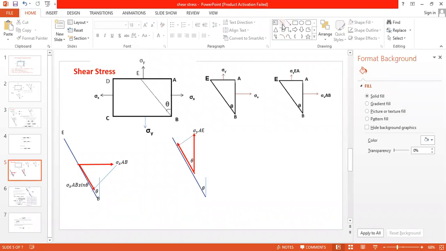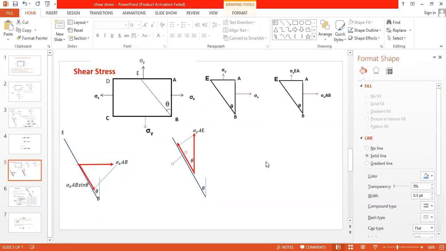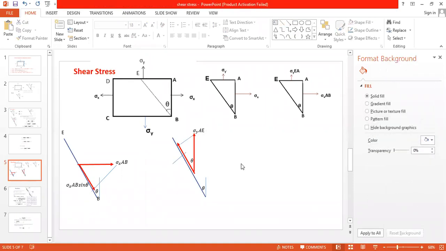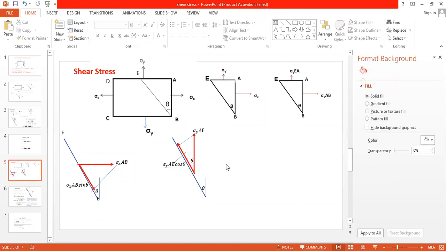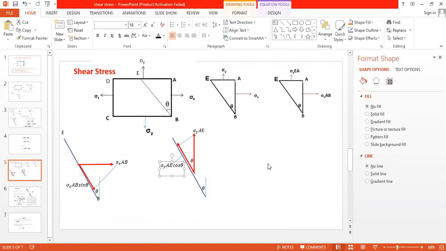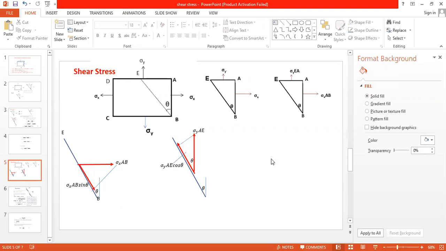It is sigma y AE cos theta, right? Yes. Sigma y AE cos theta. Have you got it? Sigma y AE cos theta.